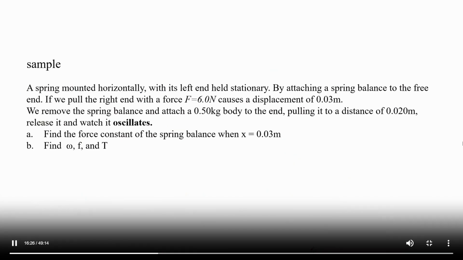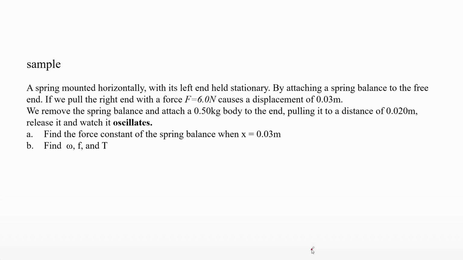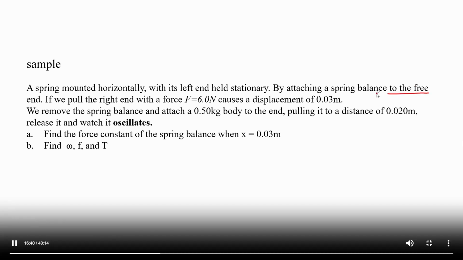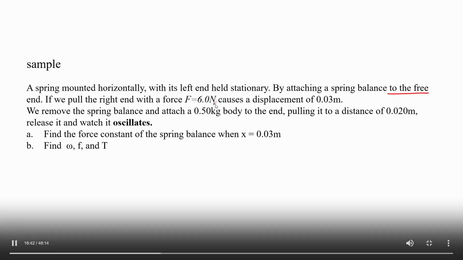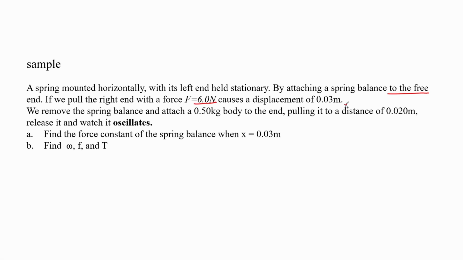Now let's look at an example here. You have a spring mounted horizontally with its left end held stationary. By attaching a spring balance to the free end, if we pull the right end with a force of 6 newtons, it causes a displacement of 0.03 meters.